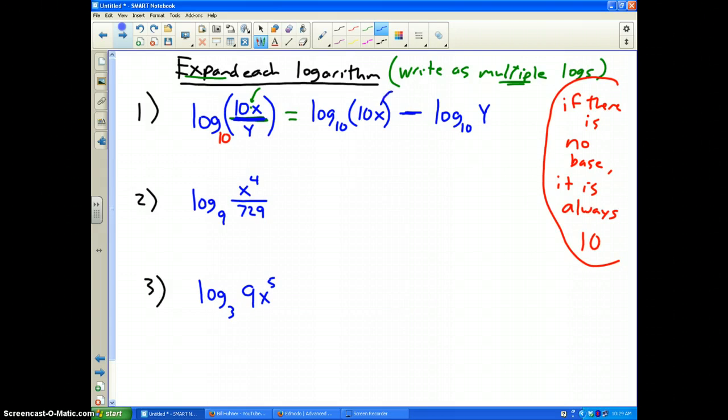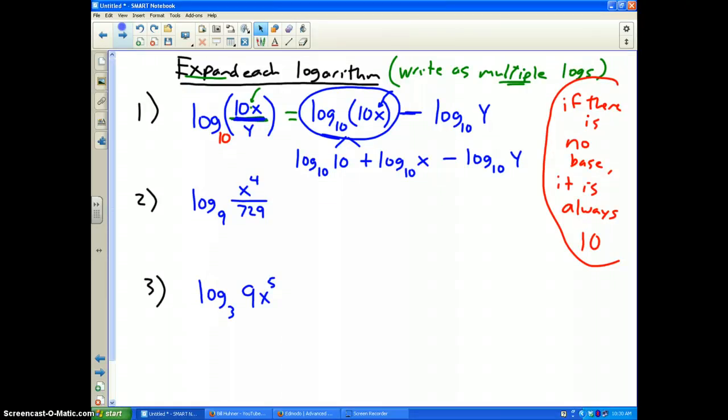Okay, well now, you're going to ask, well, there's times there, Mr. Heuner. Yes, there is. Which means we got to split the first log into two pieces. The log base 10 of 10 plus the log base 10 of x. That's this first piece right there. And then minus log base 10 of y.